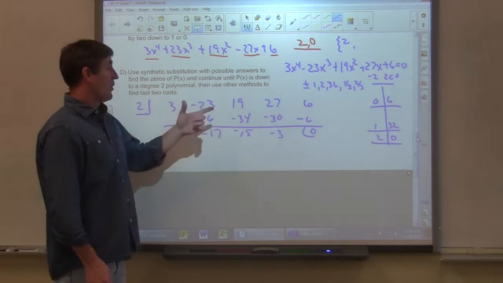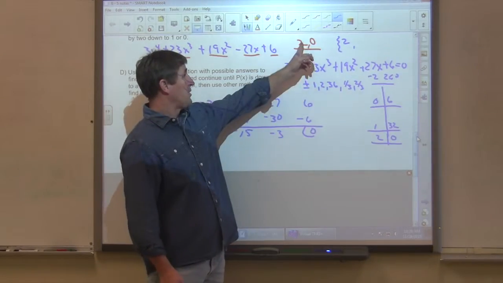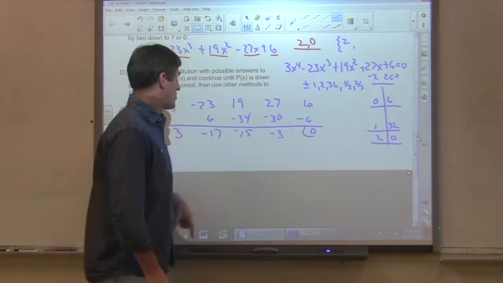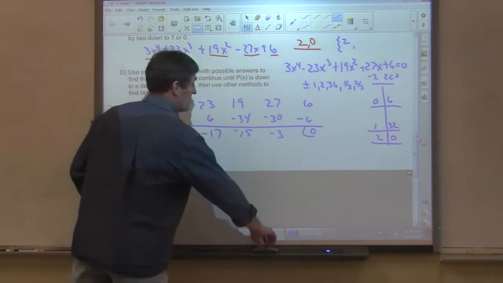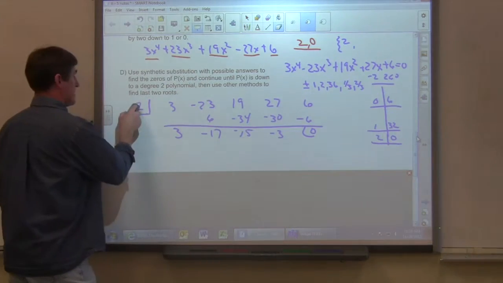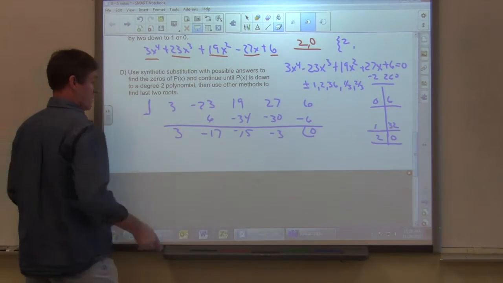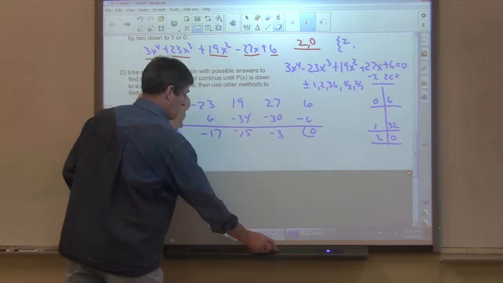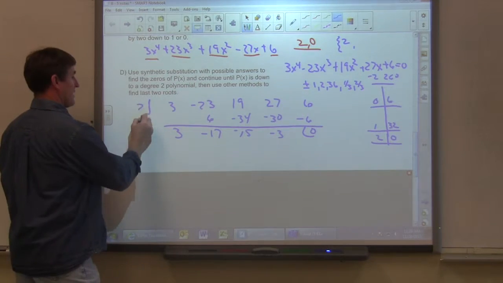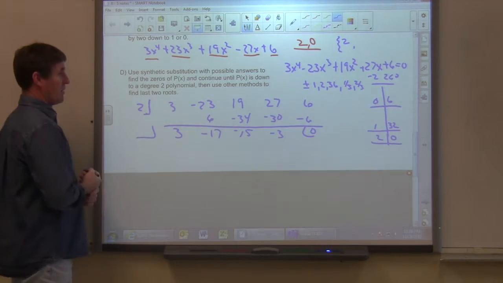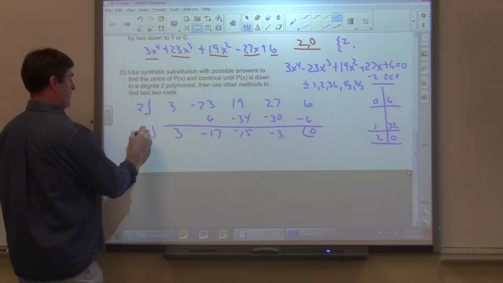So we're going to go ahead. We know there could be 2 positive solutions, so we can try other numbers. But what I'm going to do is, let's go ahead and leave that 2 there. I'm going to go from here now. So we could try 3.